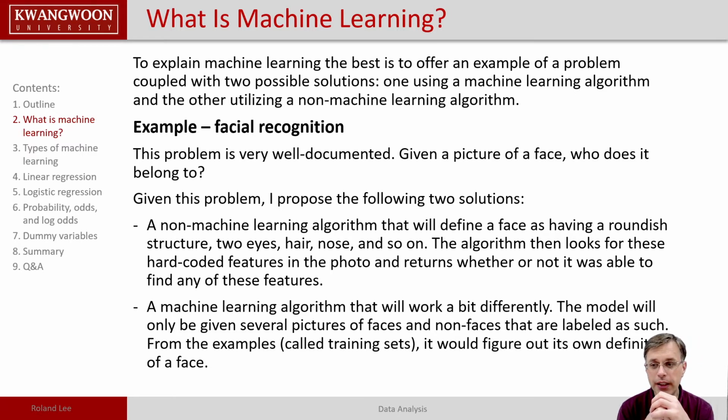A great way to explain machine learning is to offer an example of a problem together with two possible solutions: one using a machine learning algorithm, and the other utilizing a non-machine learning algorithm.